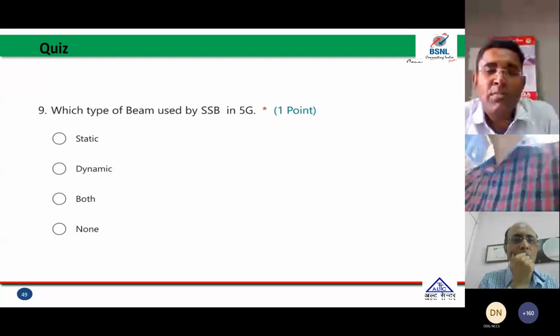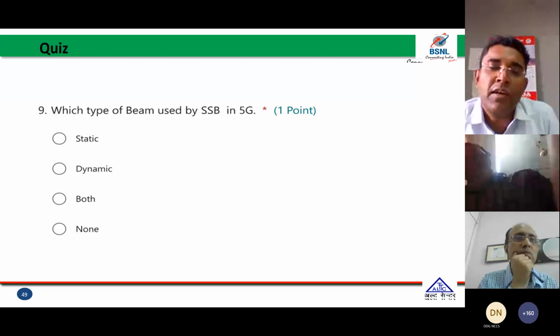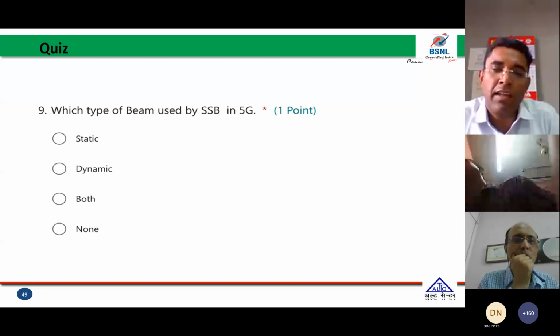Actually, SSB beams are not all transmitted at the same time. Each SSB index is transmitted at a different time in a different direction. That's why there is no interference within a cell, between the SSB indexes. So the SSB beam is the static beam currently, at least.